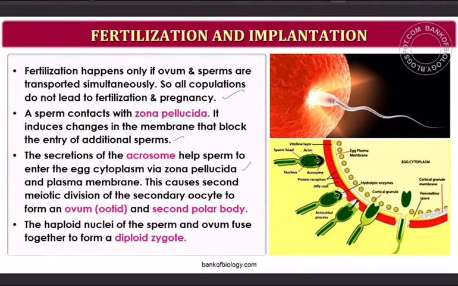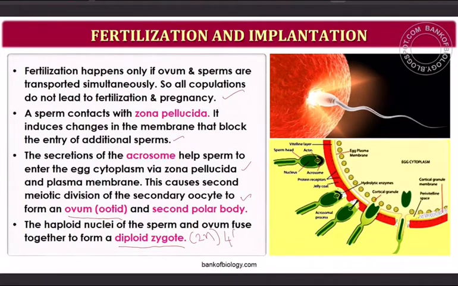So the secretions of the acrosome help the sperm to enter the egg cytoplasm via the zona pellucida and plasma membrane. This causes the second meiotic division of the secondary oocyte to form an ovum and the second polar body. So this is what happens. After the sperm meets the egg, meiosis 2 takes place.